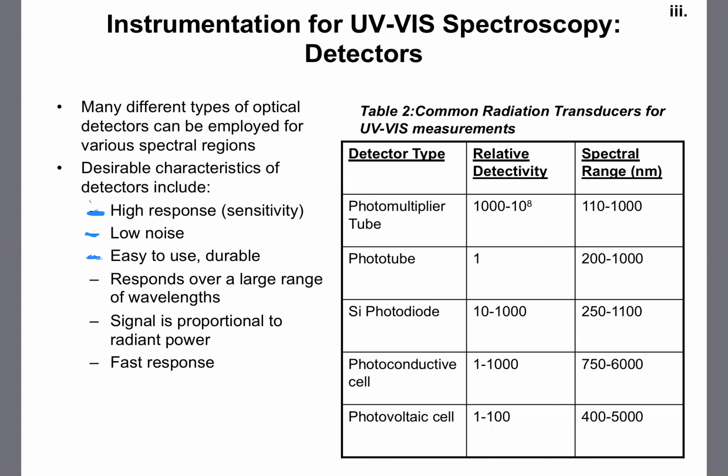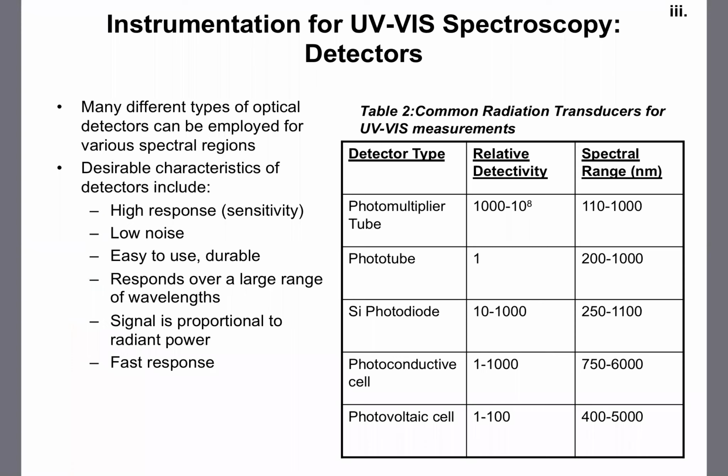We would like them to respond over a large range of wavelengths, so we can measure many different wavelengths. We'd like them to have a fast response. We don't want to wait around for our answer, right? And lastly, very important, the measured electrical signal produced must be linearly proportional to radiant power.